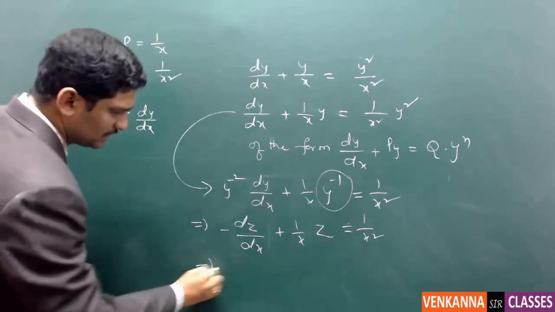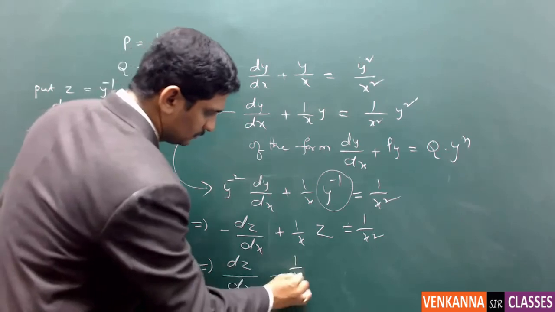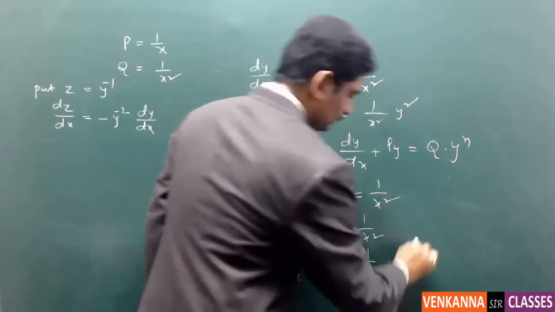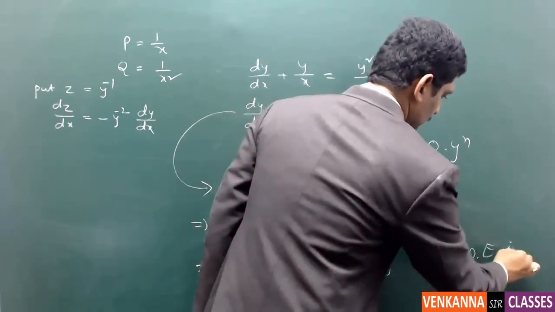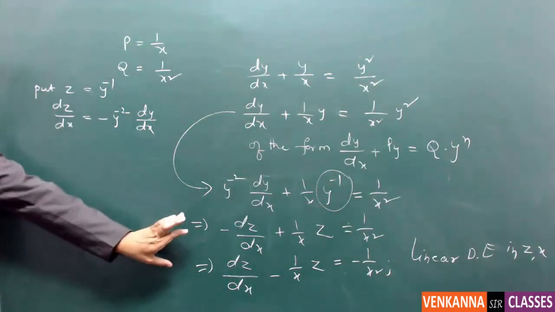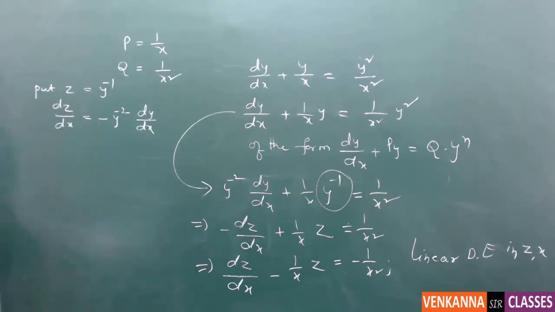So if you substitute this value here, it implies that, now can you identify it is converted into the linear form like this? Please check and ask your doubts.